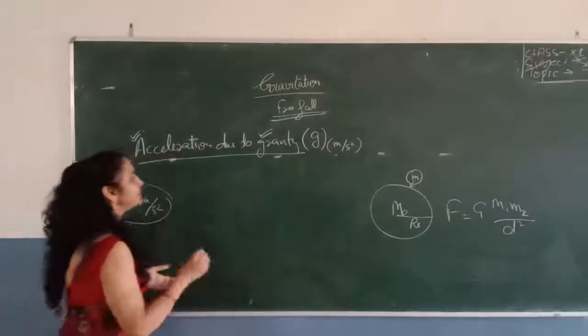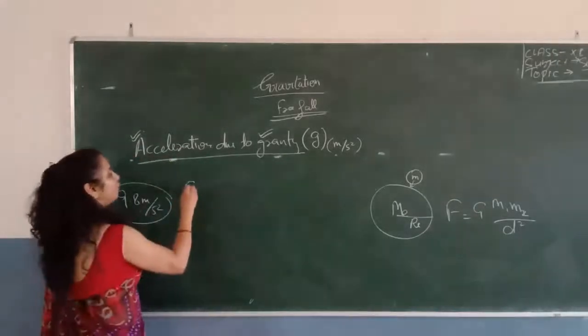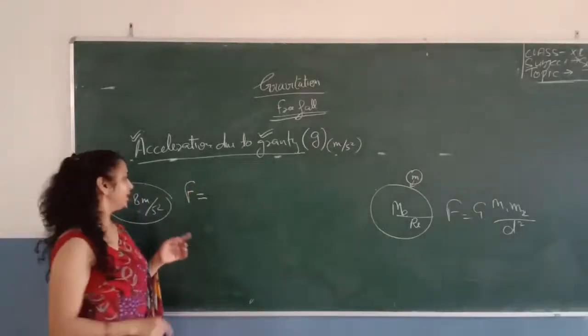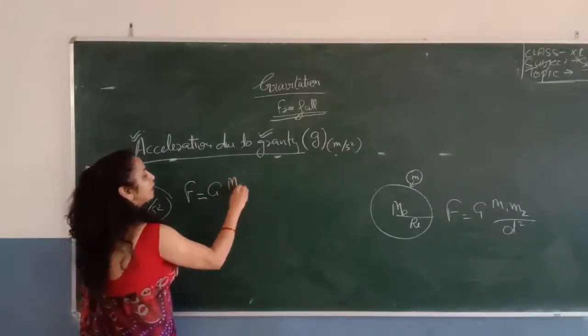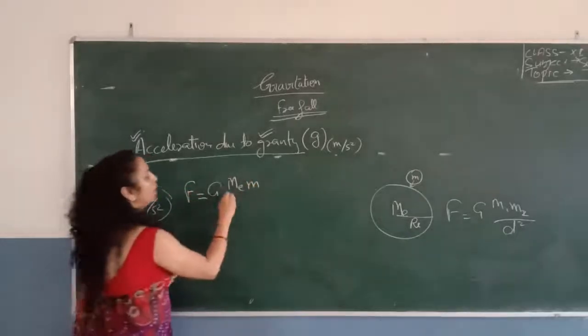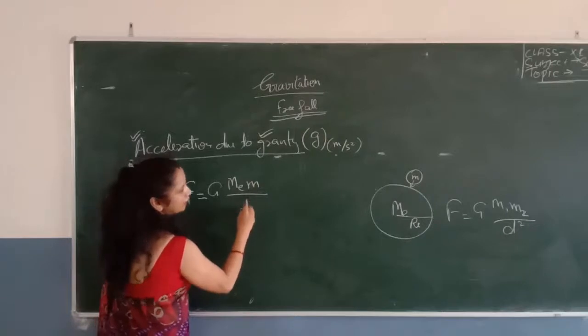And we can say, according to the universal law of gravitation, the force of attraction which is acting between the earth and the object is equal to G, M1 is the mass of the earth, M2 is the mass of the object, upon the distance between them, R e square.